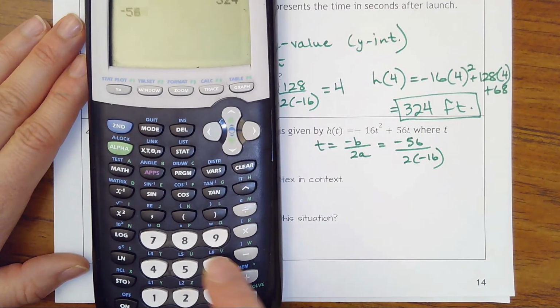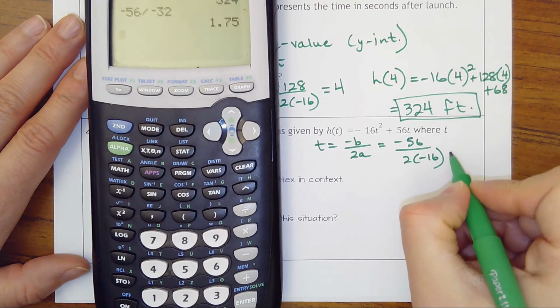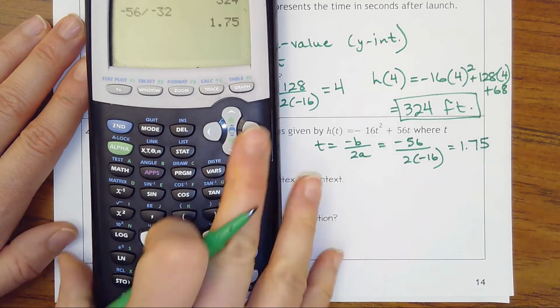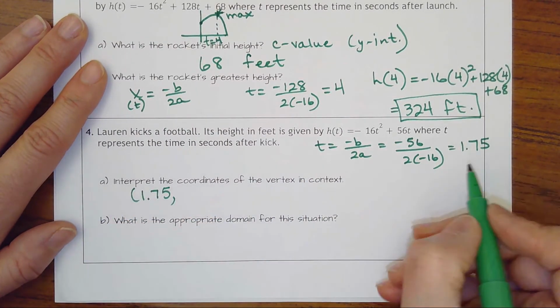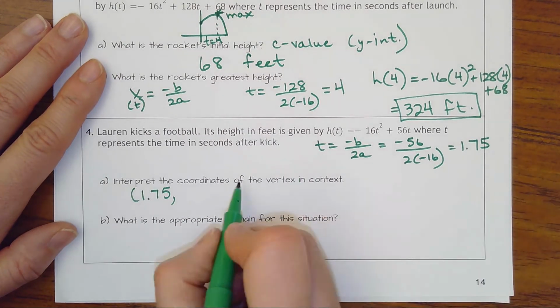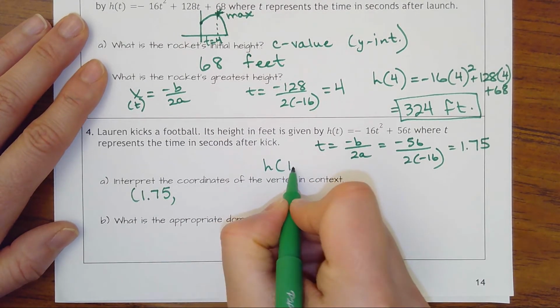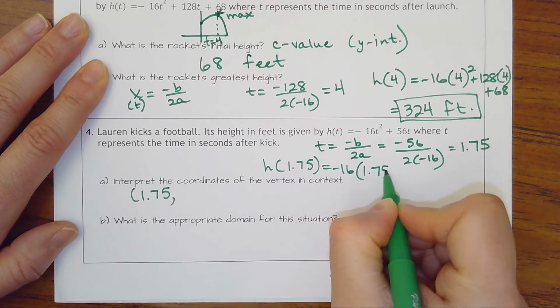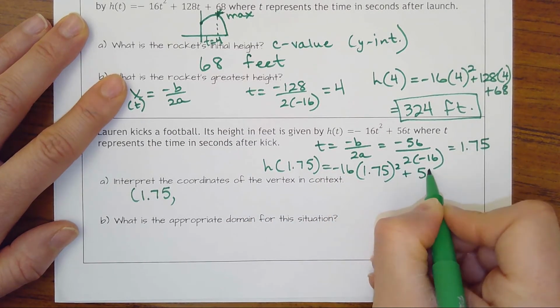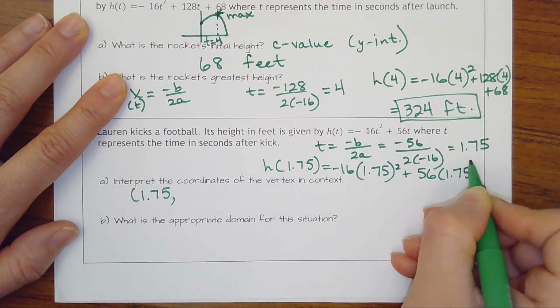Negative 56 divided by negative 32. 1.75 is the first part of our coordinate. Now I have to find the height at that time. H of 1.75 equals negative 16 times 1.75 squared plus 56 times 1.75.